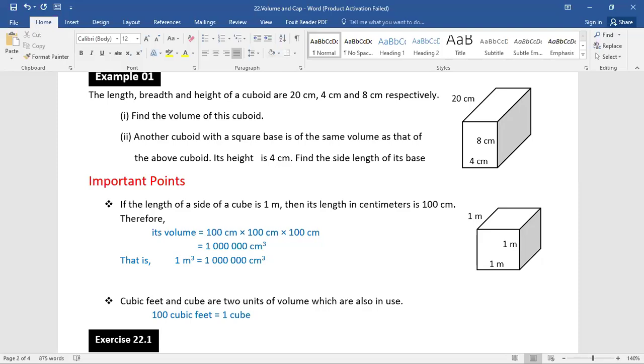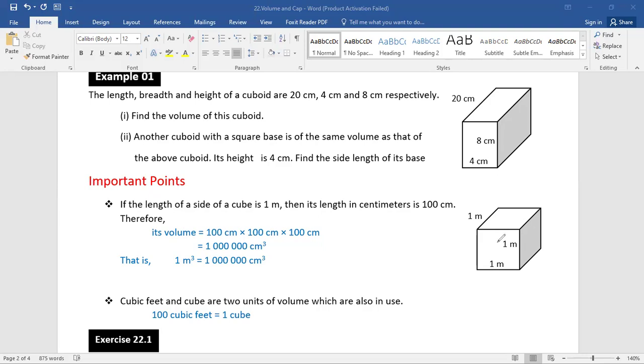There are two important points that you need to remember. You have done this in your grade 7 as well, right? So you know these things. Important point one: if the length of the side of a cube is 1 meter, you know the property of a cube, right?